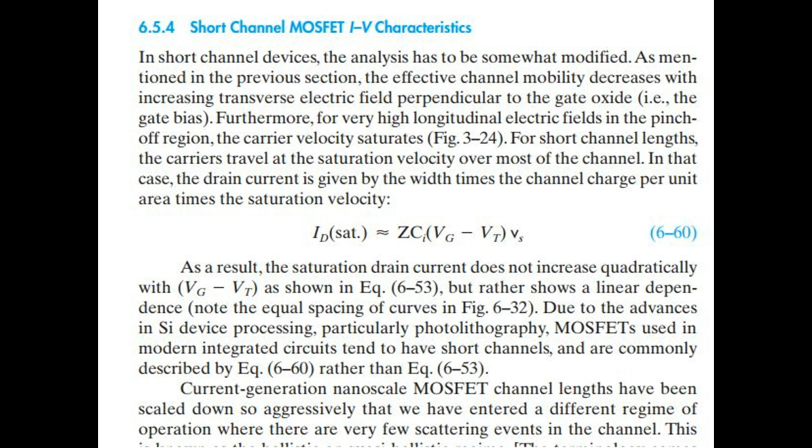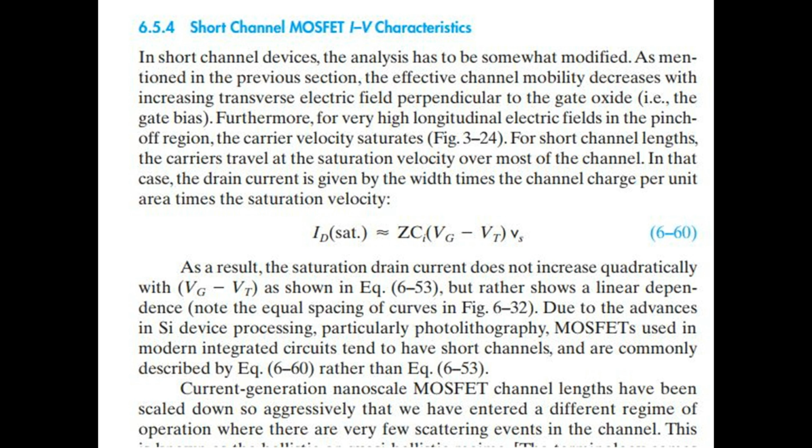Due to the advances in Si device processing, particularly photolithography, metal oxide semiconductor field effect transistors used in modern integrated circuits tend to have short channels, and are commonly described by EQ 660, rather than EQ 653.